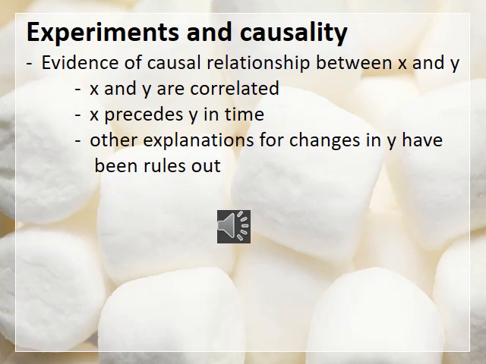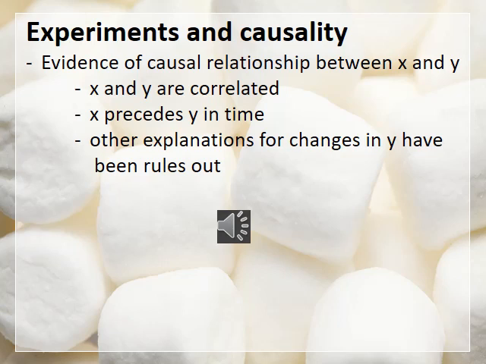There are three major criteria to meet to be able to say that there is a causality between two variables. So here, x is my explanatory variable and y is my response variable. The first criteria to infer a causation, there must be a correlation.